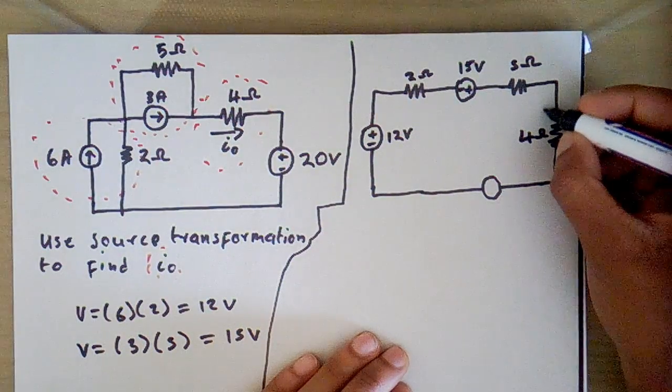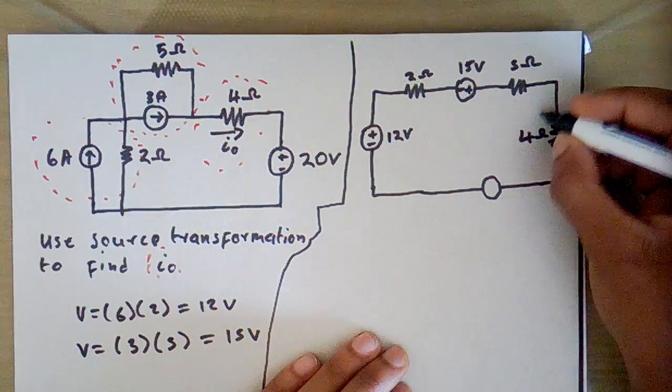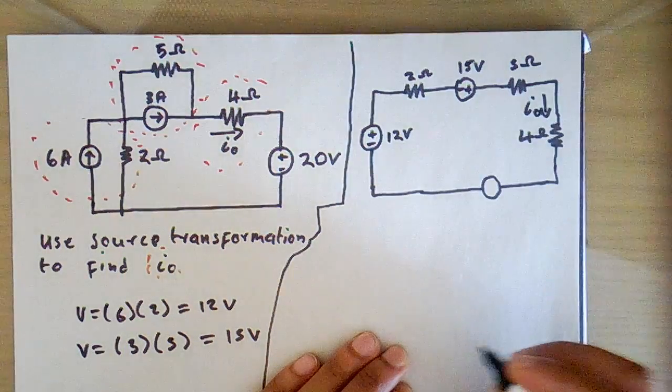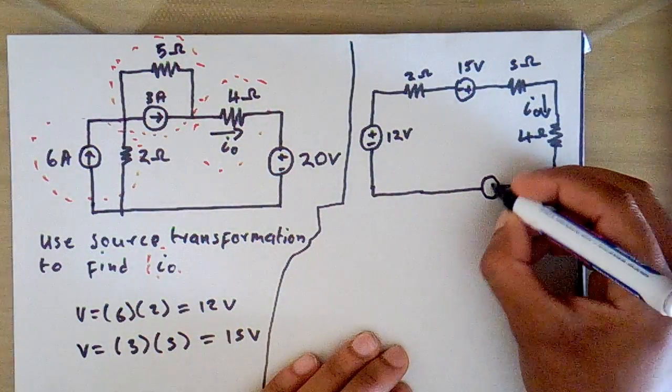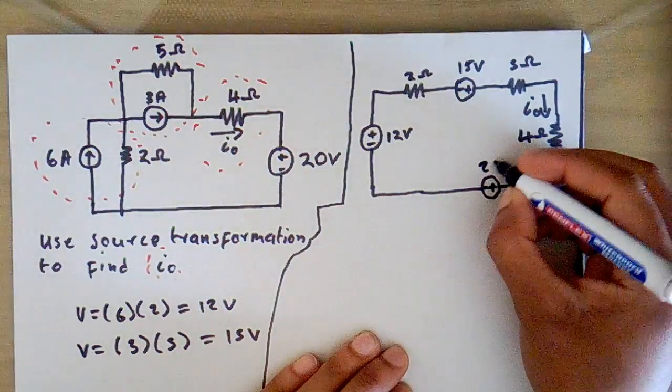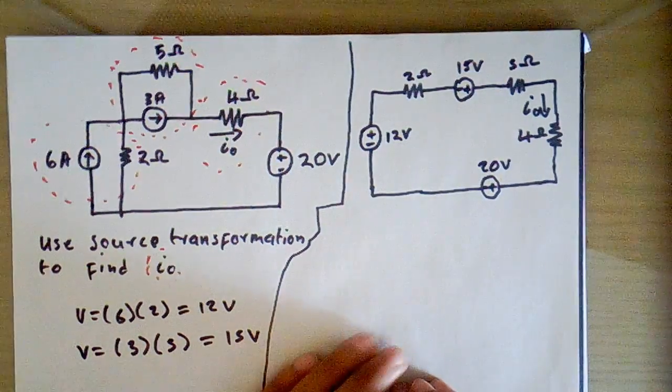We didn't touch anything here, guys, remember that. And our current is going in this direction, I0, and this is our 20 volt.